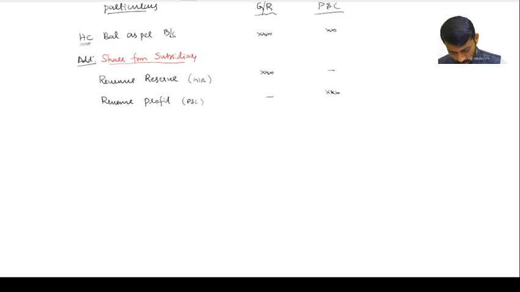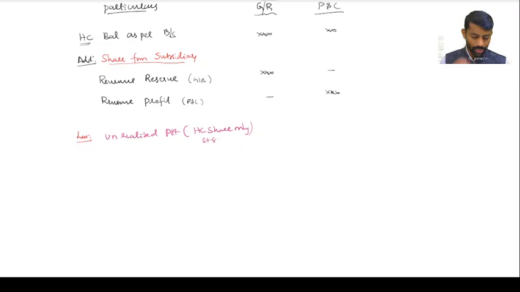So less unrealized profit, holding company share only. This is step number 8 you have to check. This unrealized profit would have been included in P&L. Therefore only in P&L we have to eliminate it, or not? Correct?